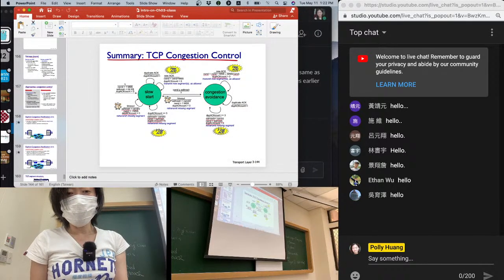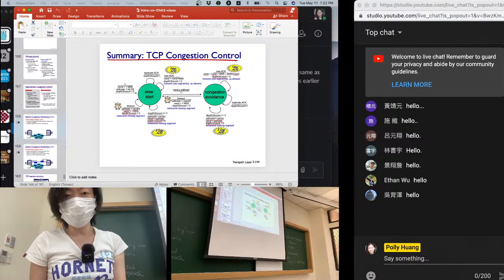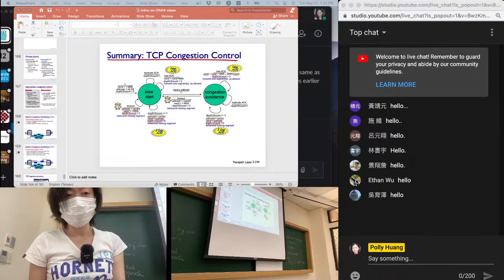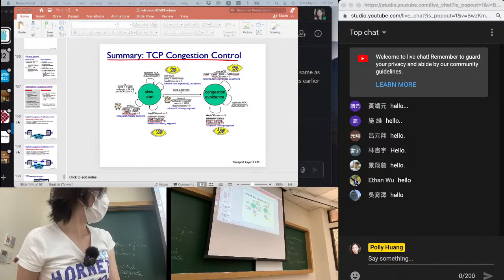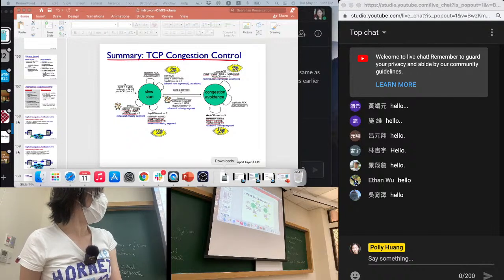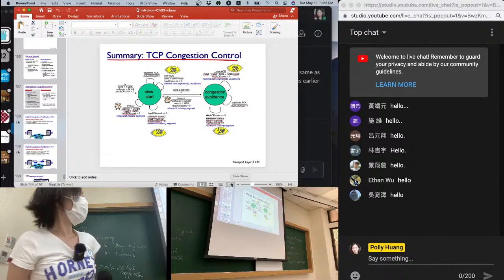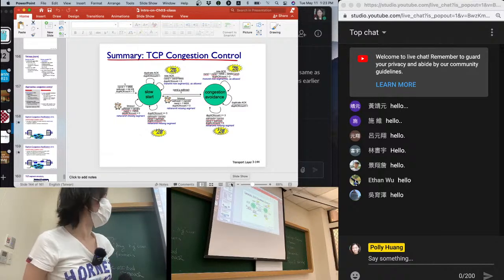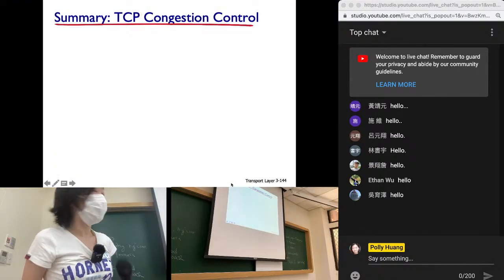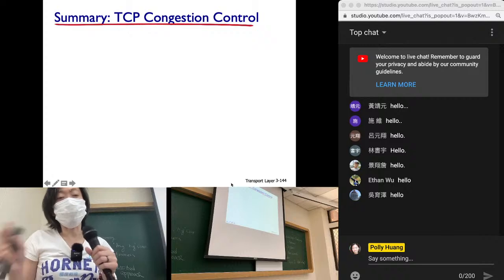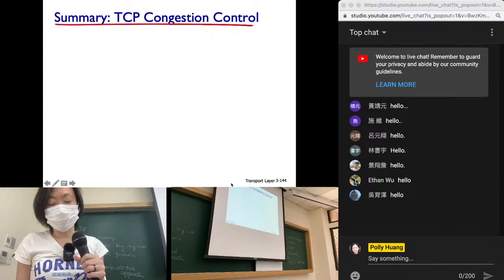Yeah, so this is where we were last week when we finished. We actually finished talking about the AIMD mechanism, as well as the separation of startup state versus steady or congestion avoidance state.